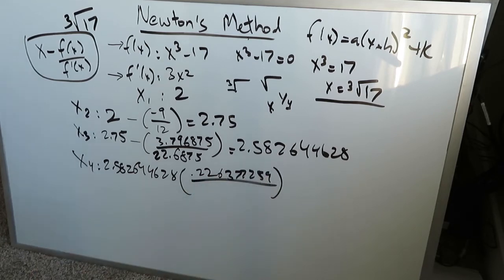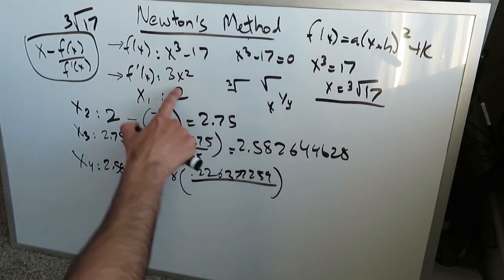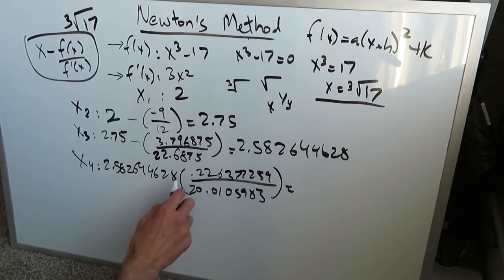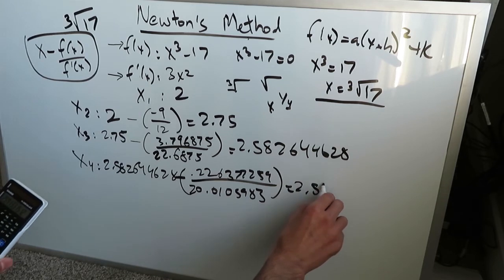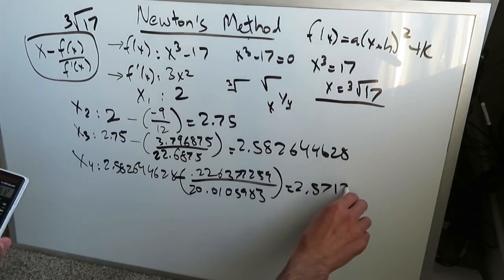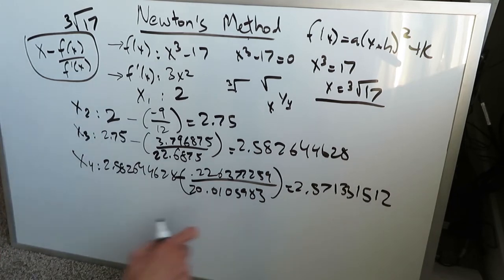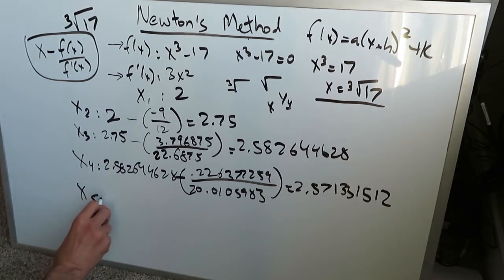Here in the denominator, when I run the same value through the derivative 3x squared, I get 20.0105983. Now I have to do all of this over here, and we had a minus sign. So I'm getting 2.5713311512.